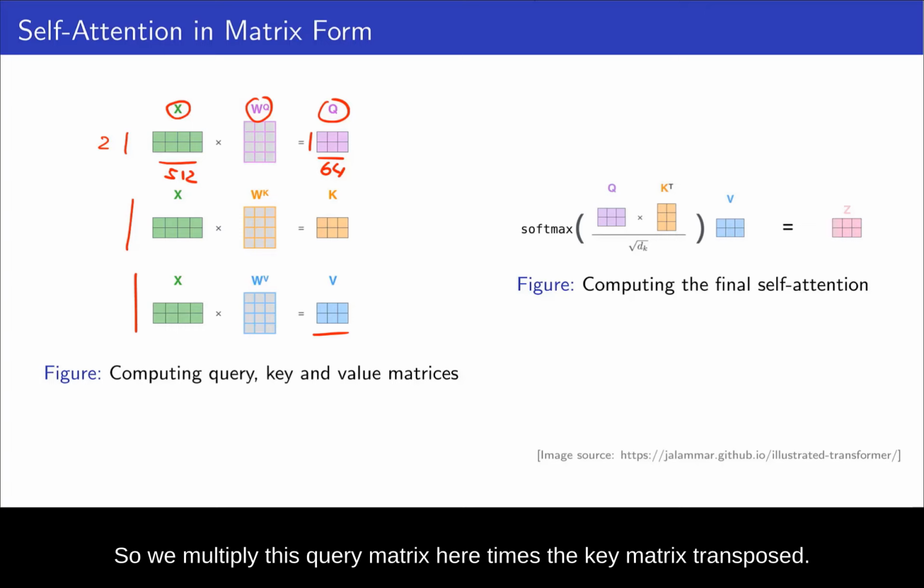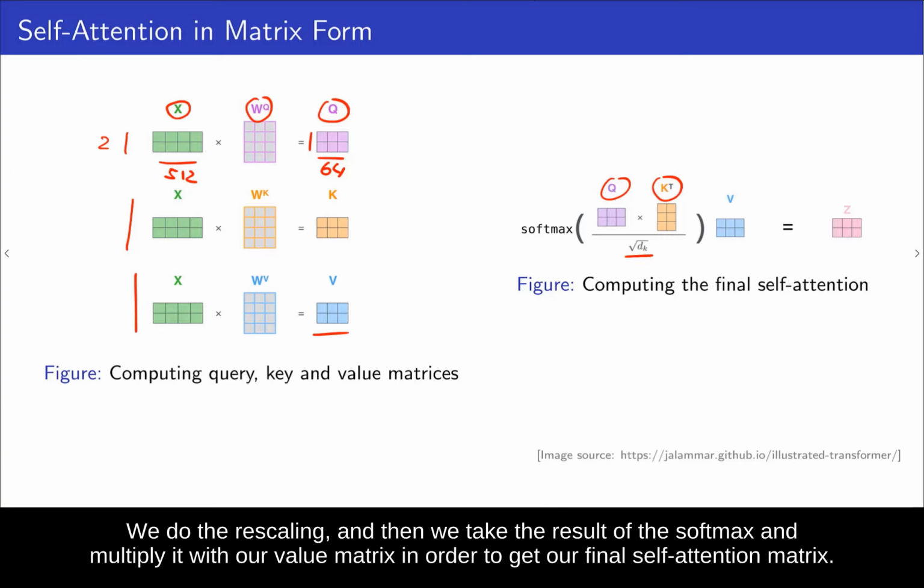So we multiply this query matrix times a key matrix transposed. We do the rescaling, and then we take the result of the softmax and multiply it with our value matrix in order to get our final self-attention matrix.